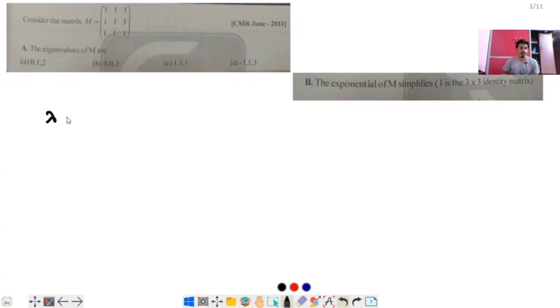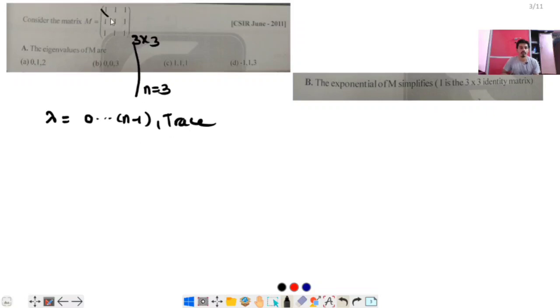Already you know the columns or rows are the same, so the eigenvalues are 0 repeated n minus 1 times, and the trace. This is a 3 by 3 matrix, so n is equal to 3.